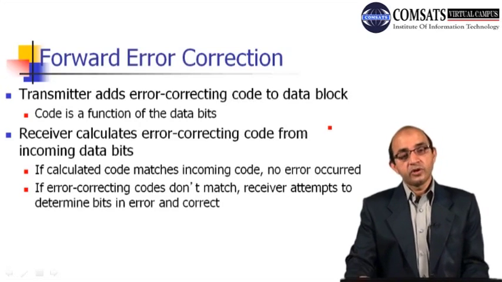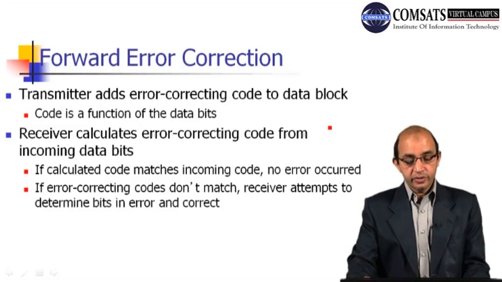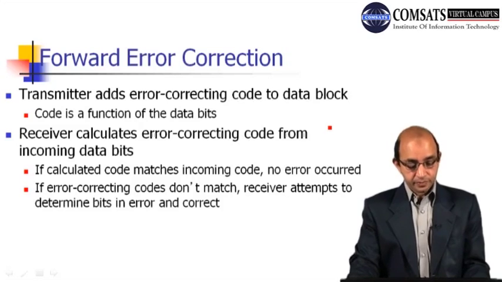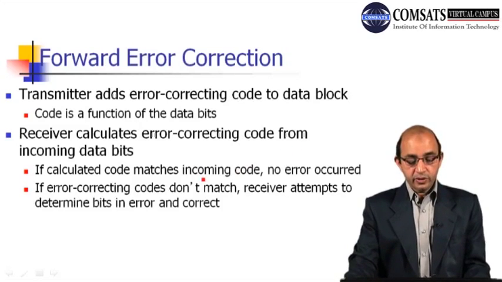On the receiver side, calculations are made in order to correct the errors if there are some errors in some of the bits. If the calculated code matches the incoming code, no error occurred. If the error correcting code does not match, the receiver attempts to determine the bits in error and correct them. So error correction and then error detection.